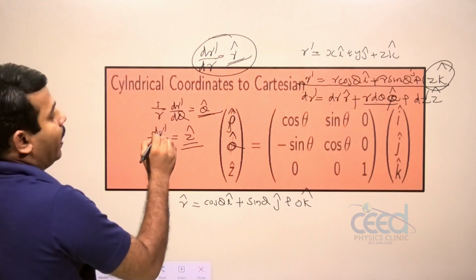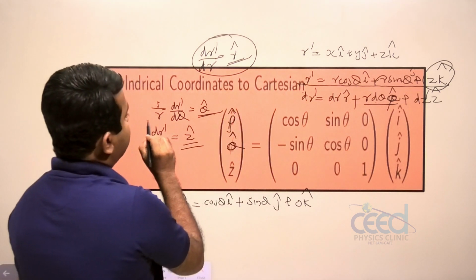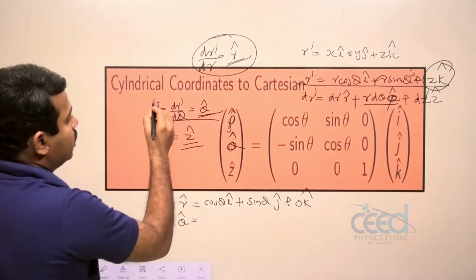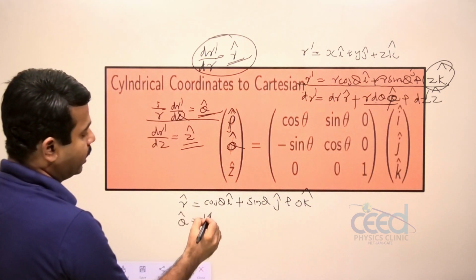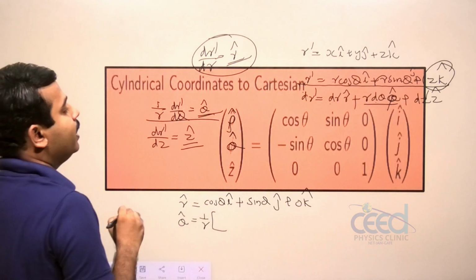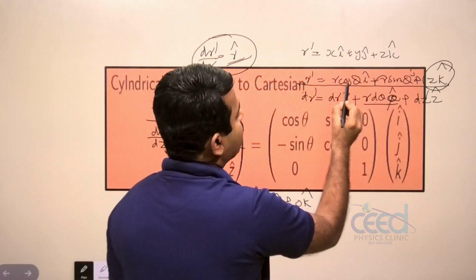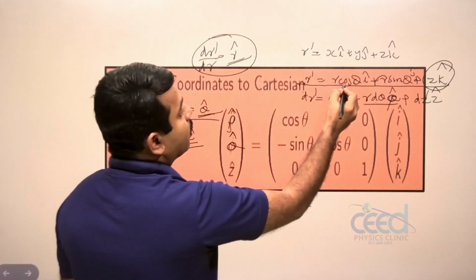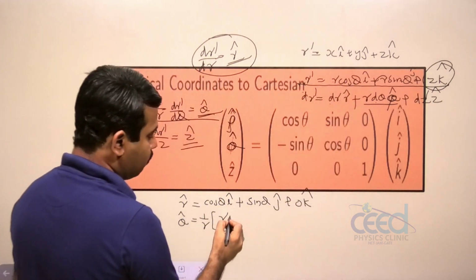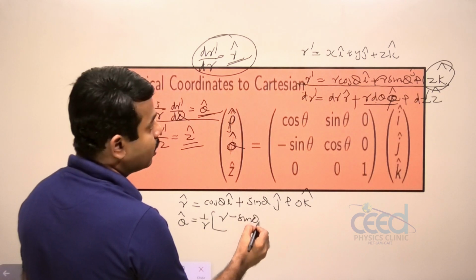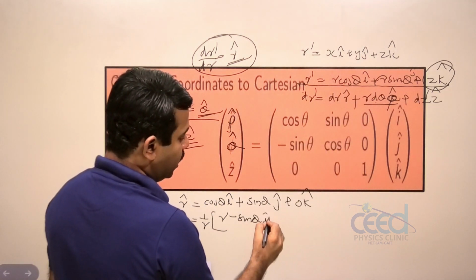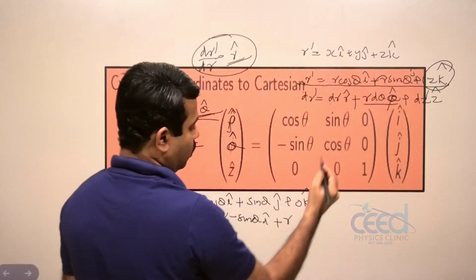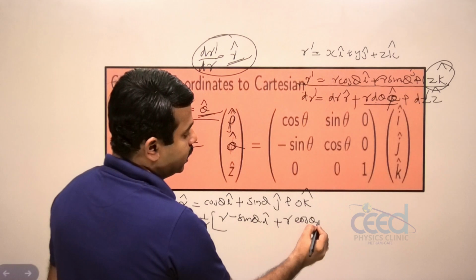Now similarly I can do θ cap, right. What is θ cap? θ cap is equal to this 1 by r, dr' by dθ. If I do dr' by dθ, r you can take out. So cos θ differential is minus sin θ, i cap. Again here r I am taking out, sin θ on doing gives cos θ, j cap.